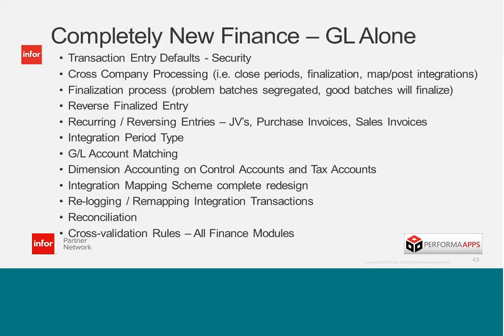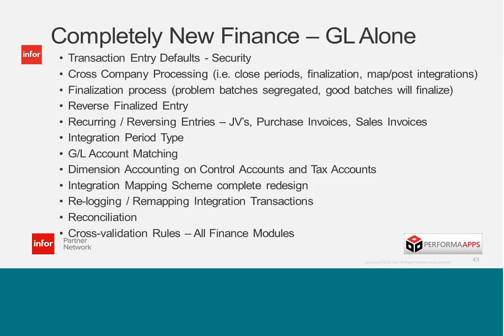Then you have the integration period type, which means that before, you had to close the whole GL if you wanted to stop the entries. If you're going through your close process, you had to shut down the general ledger, but you might have more integration transactions coming through.